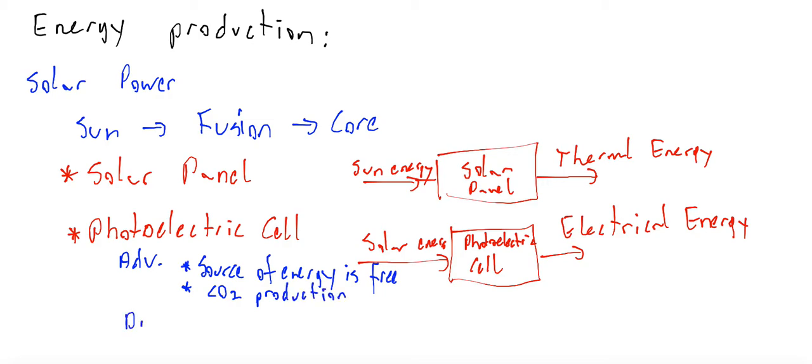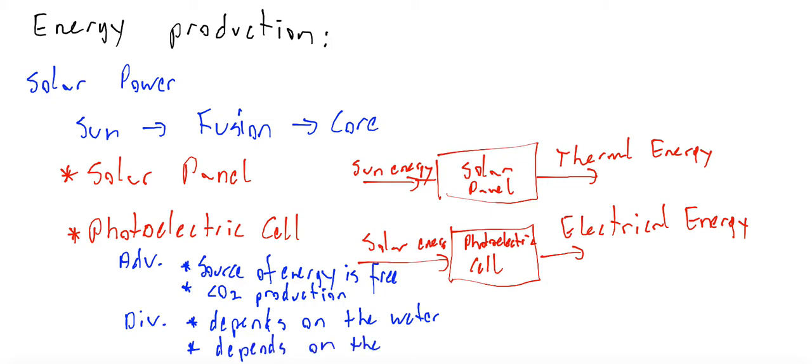And in the case of disadvantages, of course, it depends on the weather. Yeah? If there's a cloudy day, it cannot be utilized. And second, it depends on the daytime. Okay, so at night, it cannot be utilized. Okay, is it clear? So no problems with solar energy.